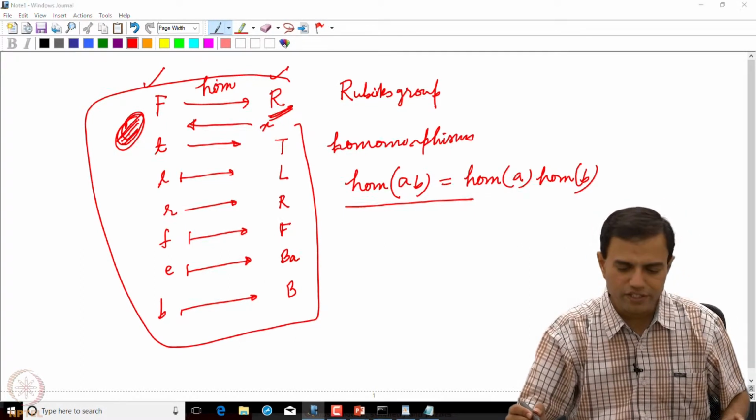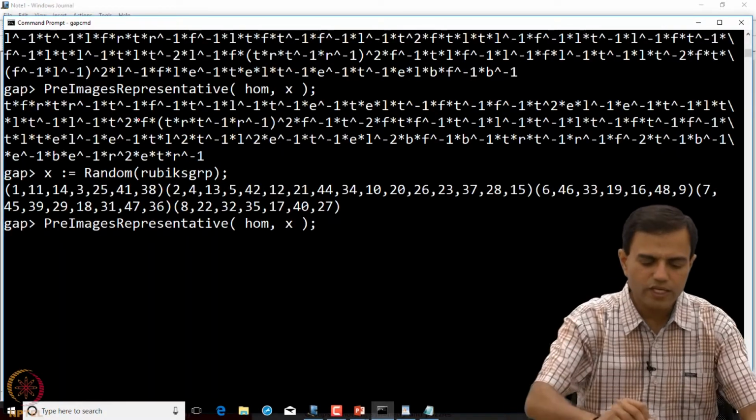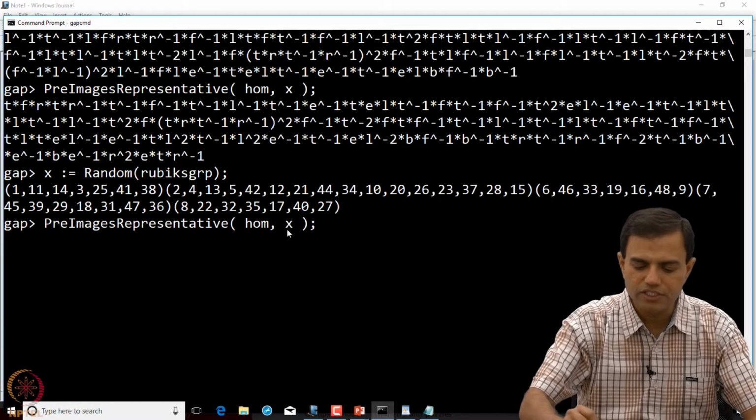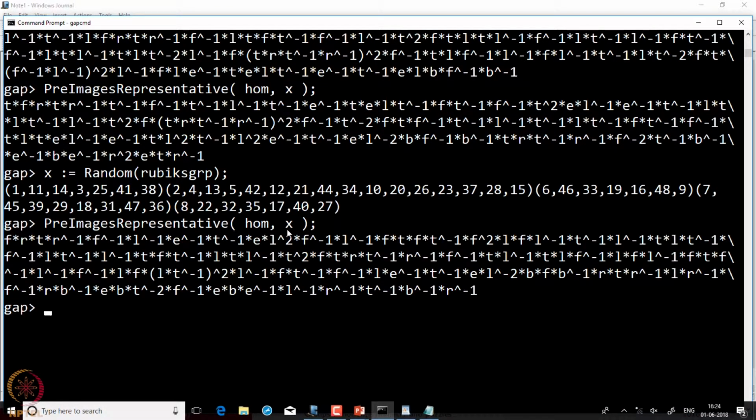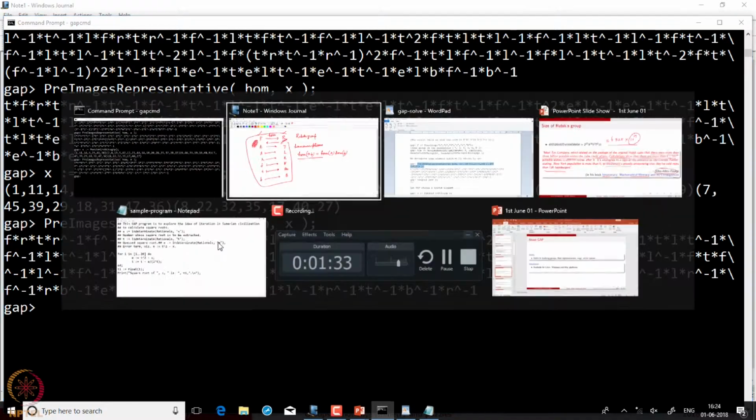That's in the pre-image. So I take a representative in the pre-image, and that representative is just F R T R inverse F inverse L inverse E inverse and so on, like that. That's the representative in the pre-image.